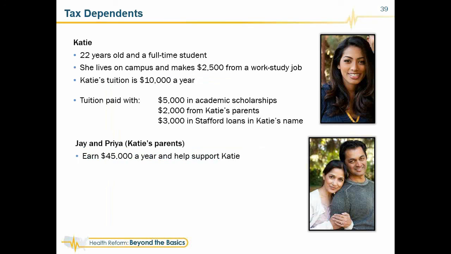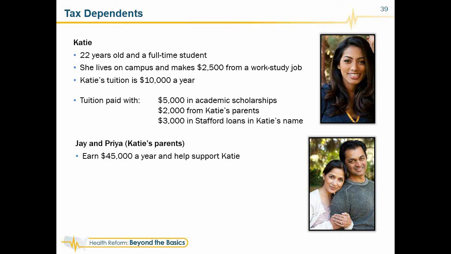All right, so this is our last scenario, and then we're going to take your questions. This is another very taxing scenario. So we've got Katie. She is 22 years old. She's a full-time student. She lives on campus, but near her parents.